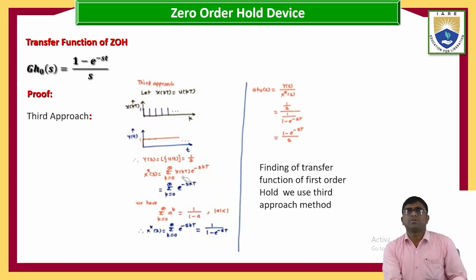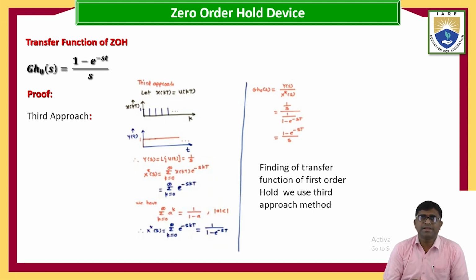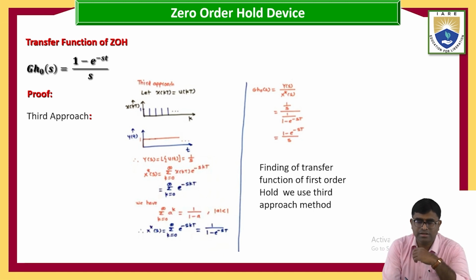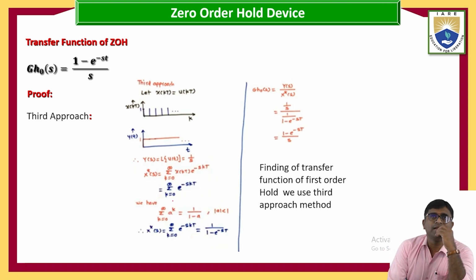Now coming to the third approach, y of s equal to the Laplace transform, u of s. So I am taking the conjugate, and taking the conjugate of this one. The conjugate of s is e power of sT by sT, that is nothing but sT by s.